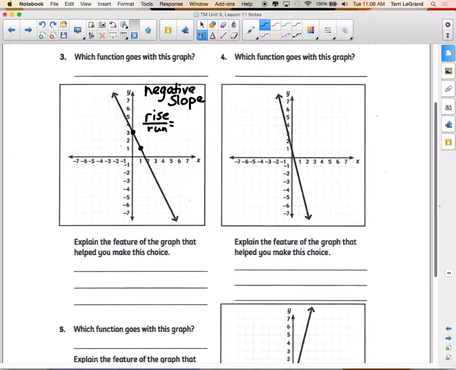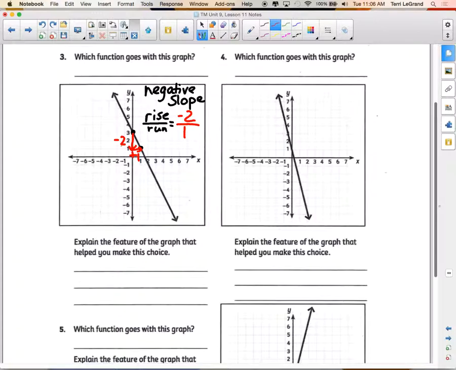You want to start at the top point or the bottom point? Okay, I'll decide for you. We'll start at the top. We're going to have to go down 1, 2, so minus 2. And we're going to have to go right just 1 unit, so plus 1. So our rise is negative 2 and our run is positive 1.